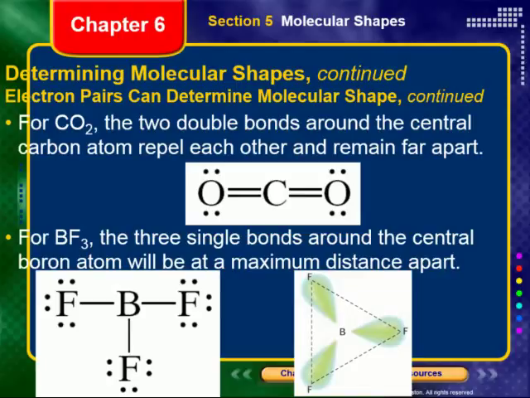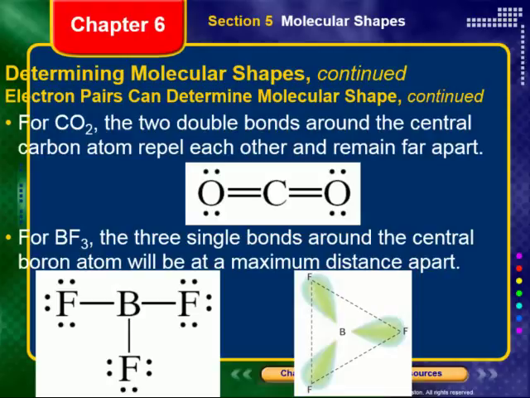All right, so let's look at some examples. These are Lewis structures. You've seen these things before. You can draw these things. For example, CO2. When you draw this out and you finally satisfy all the number of bonds that carbon wants to have and all the number of bonds that oxygen wants to have, you see that carbon has a double bond to one oxygen and a double bond to a second oxygen.